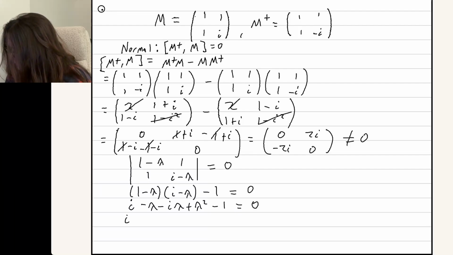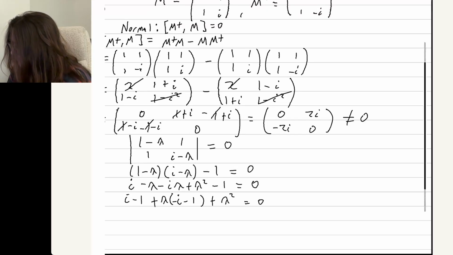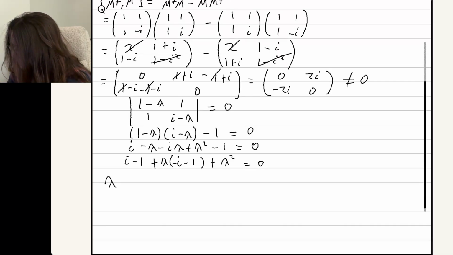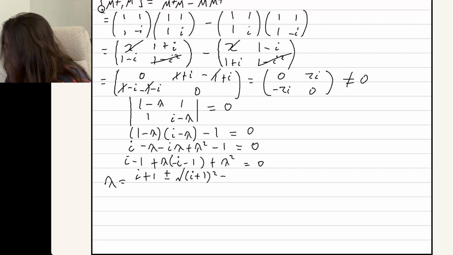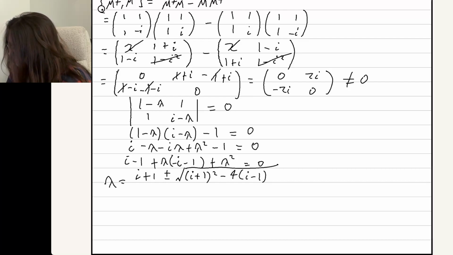And I'll group it like this. We'll have I minus 1 plus lambda times minus I minus 1 plus lambda squared. And we can set up the quadratic formula. So lambda will be I plus 1 plus or minus the square root of I plus 1 squared minus 4 times I minus 1, all over 2, right?